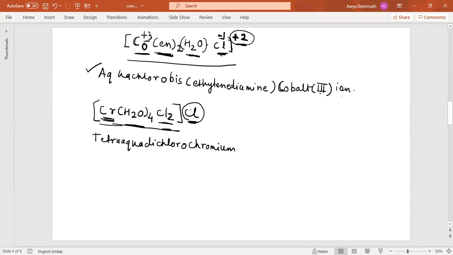These 2 chloride ligands are for the secondary valence. And we know that the water molecule is neutral. So for the 2 chlorides, the total charge will be -2. There is only one chlorine atom outside the coordination sphere, and if it carries -1, then this is -2 here.